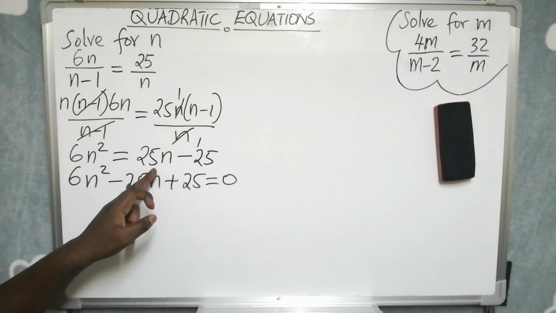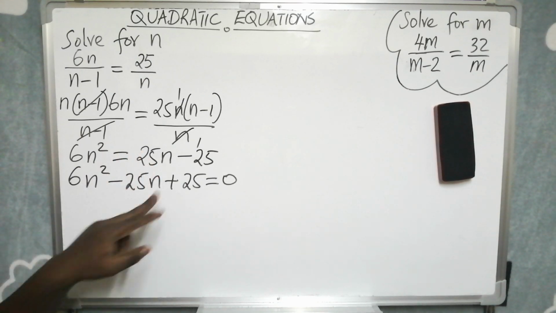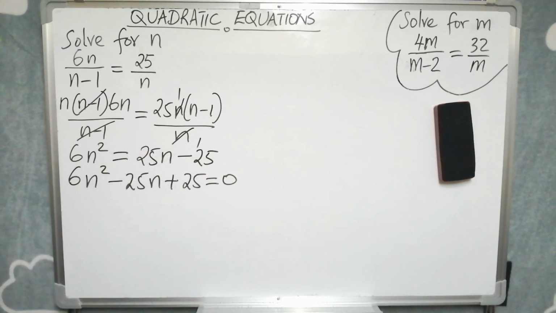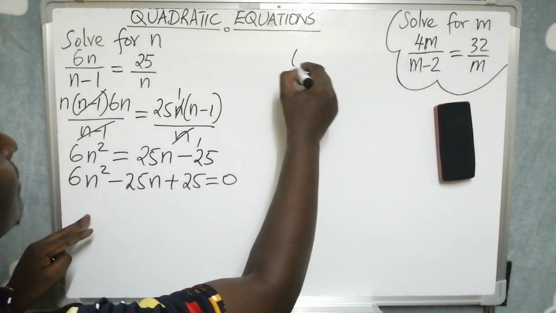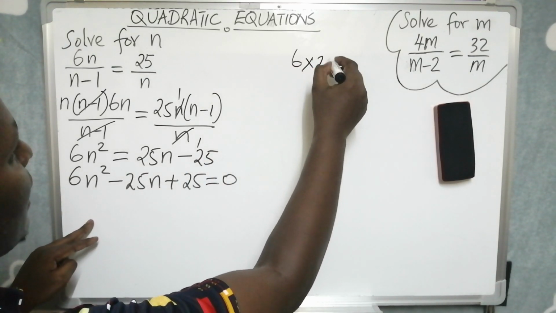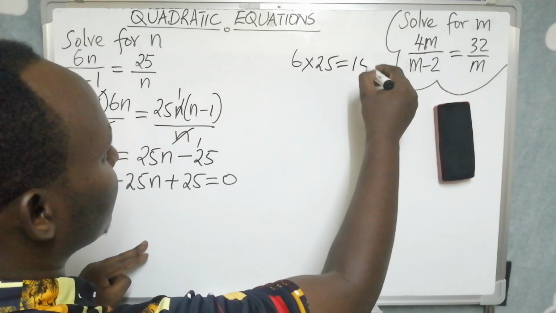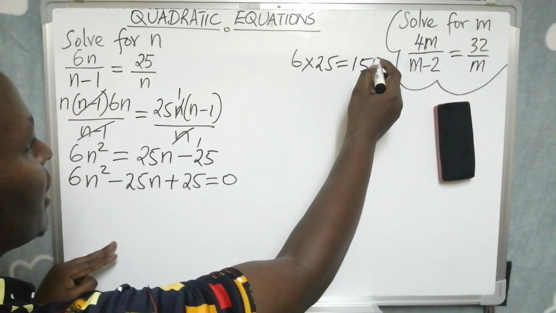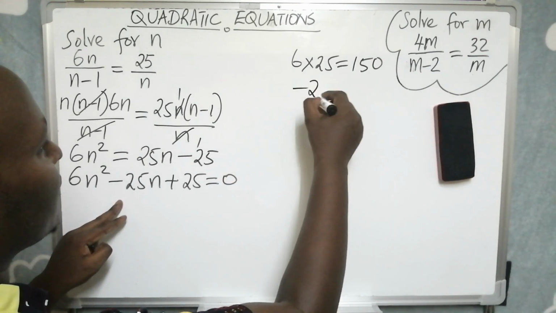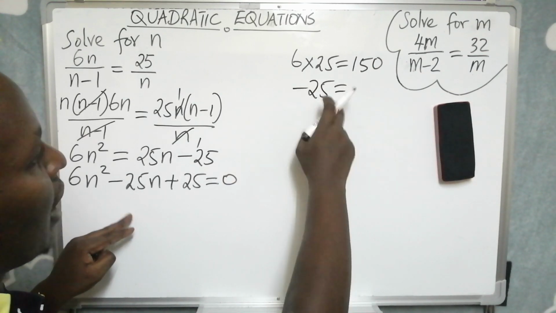When we bring 25n to this side and minus 25 to this side, that gives us the quadratic equation, which we are going to solve by taking 6 and 25 as our product, which gives us 150, and negative 25 as our sum.